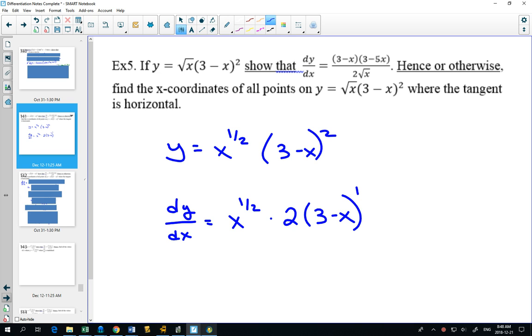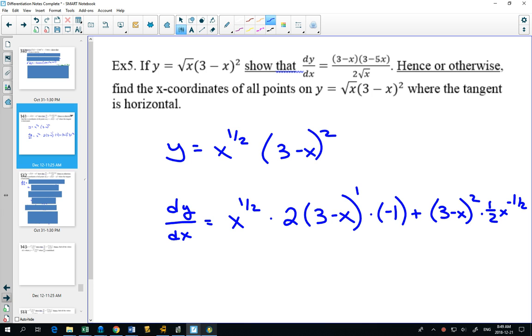Can you see that this second one is a chain rule? There is a derivative inside, because the derivative of negative x would be negative 1. Plus, keep the second one the same, derivative of the first one. So there's our preliminary work, just finding the derivative.